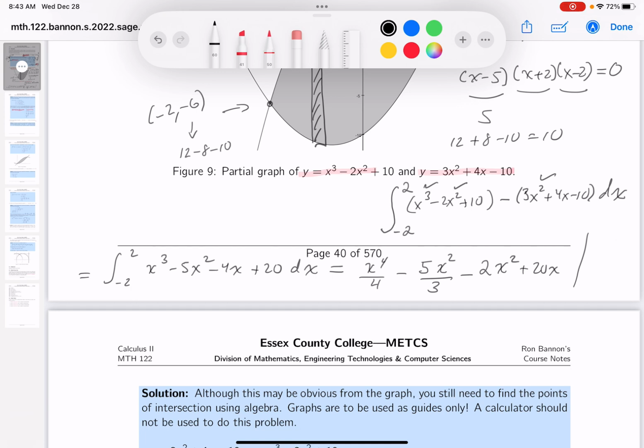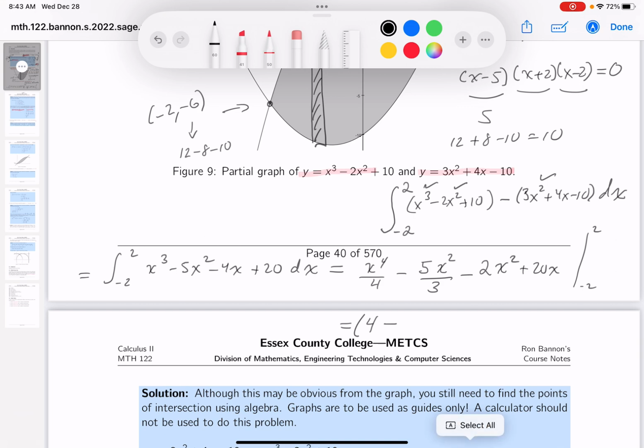Limits of integration go from minus 2 to 2, and now I have some arithmetic to do. And we're going to do the upper limit first. Not so bad to do. 2 to the 4th power, that's 2 times 2 is 4, 8, 16. 16 divided by 4 is 4. Minus, well, that's going to be 5 times 4, which is 20.